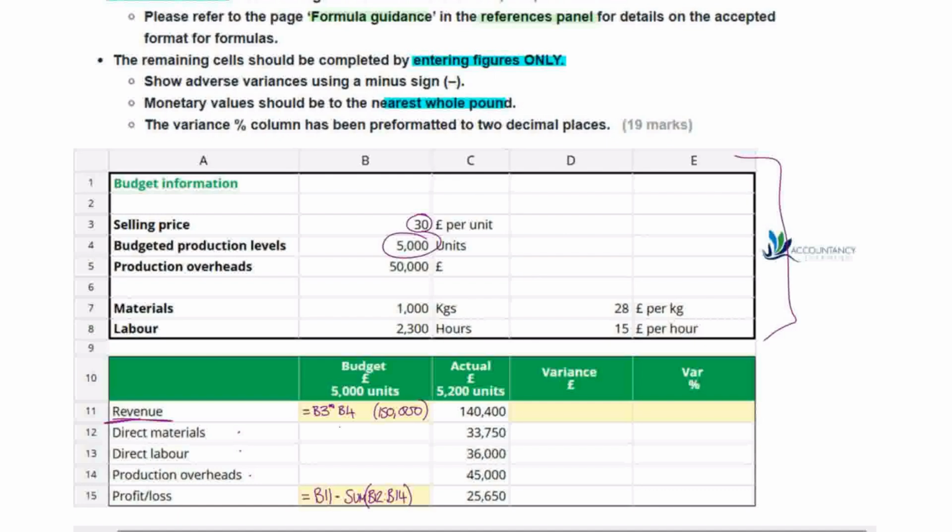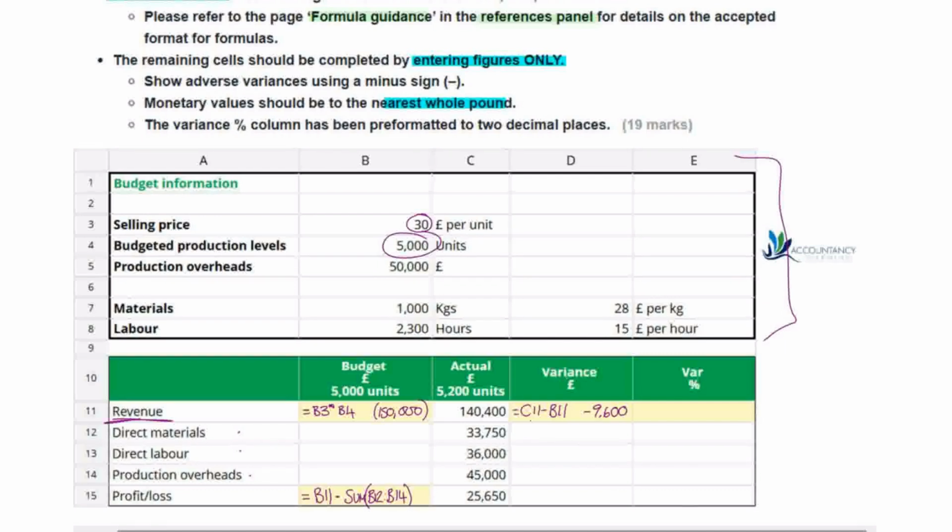For the variance column we are going to need to put in a formula. So this is going to be equals. Now we're doing revenue variance, and it's really important that you understand the revenue variance is the opposite way round to the expense or the cost variance. So our revenue is always actual minus the budget. So we're going to do C11 minus B11, which gives us 9,600 as a negative.